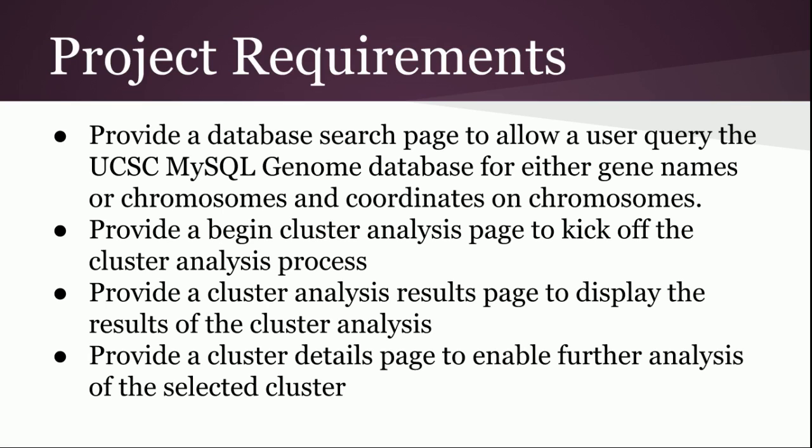The next requirement after that is to provide a cluster analysis results page to display the results of the cluster analysis, that is Fisher's exact test. In the results, we want each row to contain the info for each cluster, such as cluster sequence number, gene numbers, and p-values. However, not all the results will be considered interesting, as some of the results will have p-values as high as 1 to show that no processing was done.